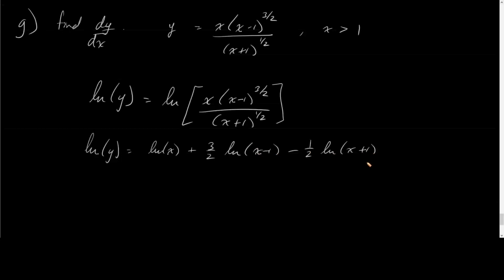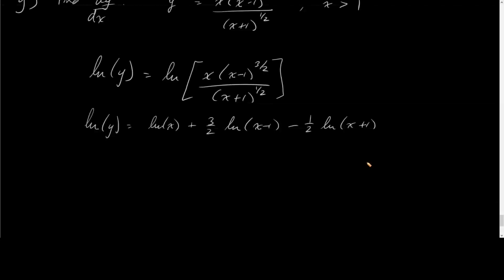So far, all we've done is expand that expression using rules of logs, right? Now, the next thing is to take this derivative. On the left side, the derivative of ln of y is going to be 1 over y times dy/dx by implicit differentiation.